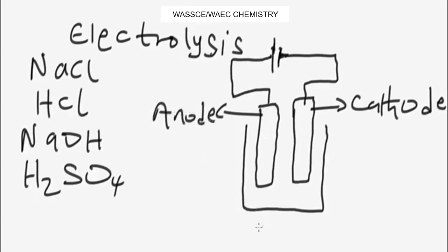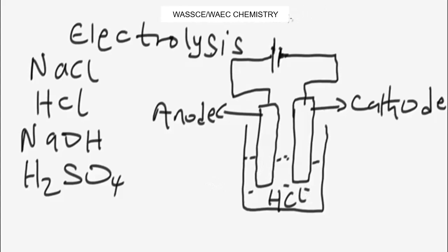Let's call our electrolyte in this electrolytic cell hydrochloric acid. This is an aqueous solution, the hydrochloric acid dissolved in water.